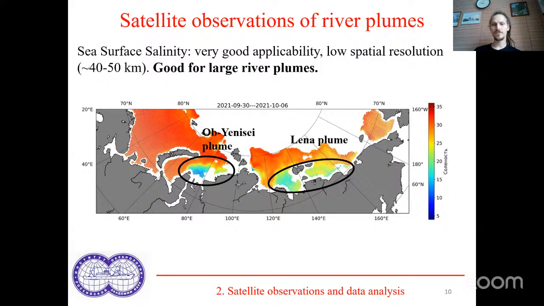Also, satellite salinity does not work so well near the coast, and you see in this picture that near the coast you will have white blank areas not covered by satellite salinity.